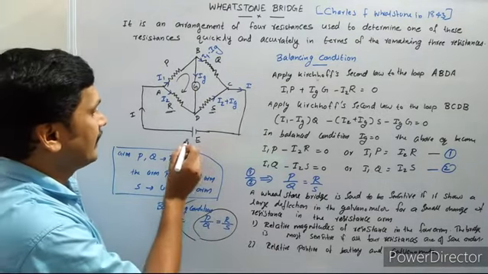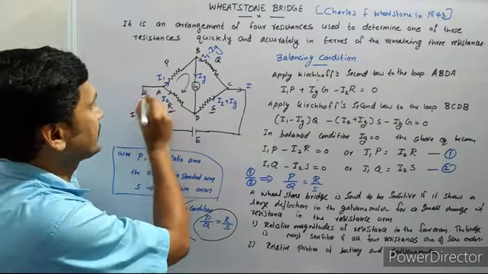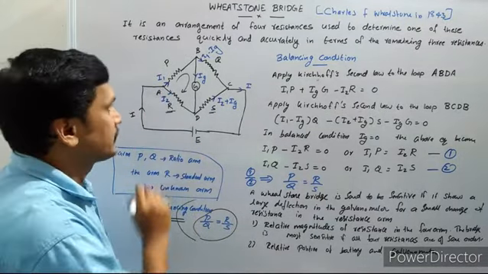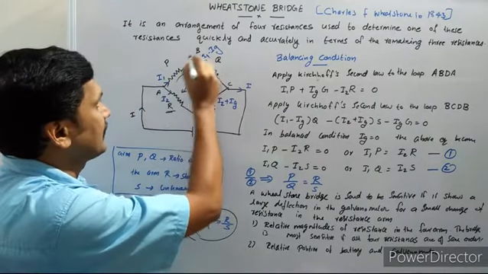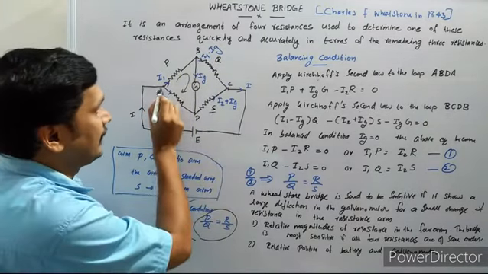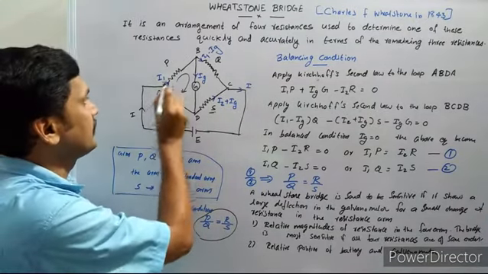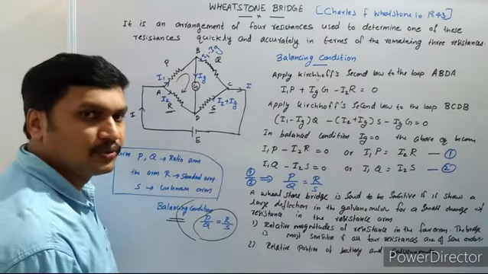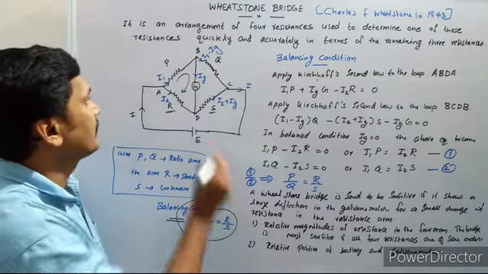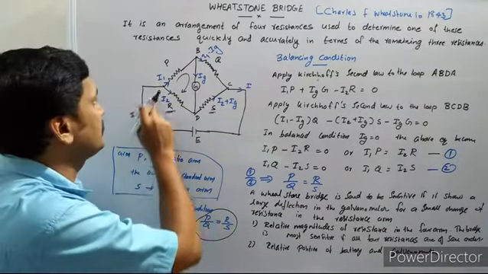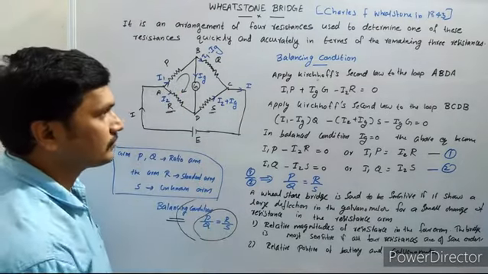A current I is drawn from the cell. At the point A it splits into two: I1, the current passing through P, and I2, the current passing through R. By the junction rule, I is equal to I1 plus I2.